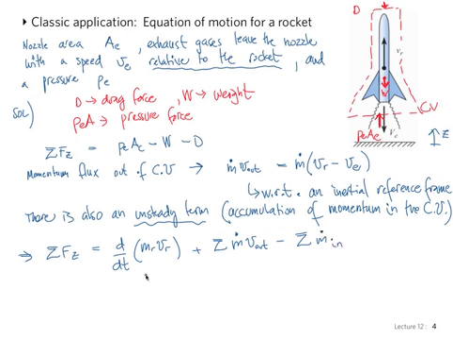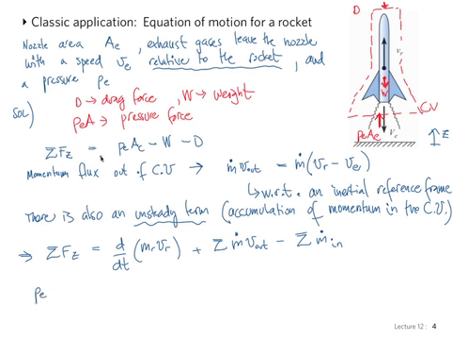Again, those signs are, as we discussed before, due to the dot product between the velocity and the outward normal. And so finally we can write the momentum equation by putting all these things together.